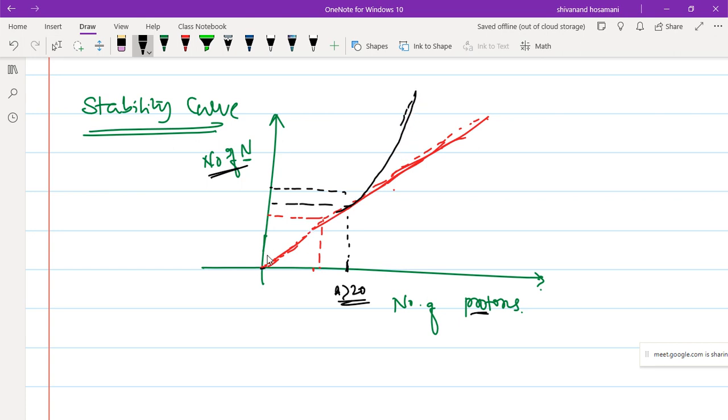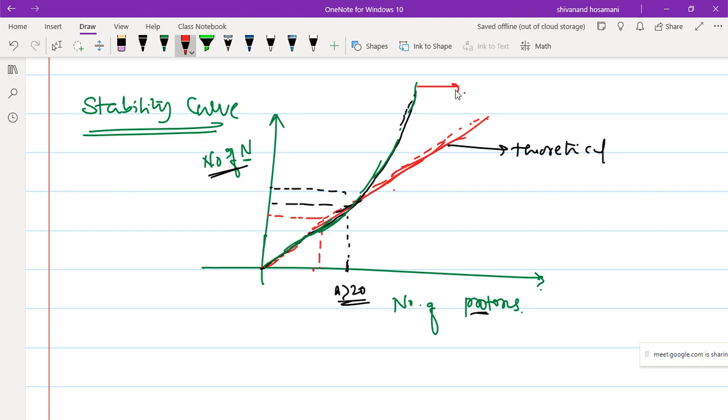This is the theoretical curve, which according to stability would be a straight line. But if you look at all the elements in the periodic table, the curve deviates from the original stability graph. That's why we sometimes call this the deviated curve, or we can call it the stability curve only.